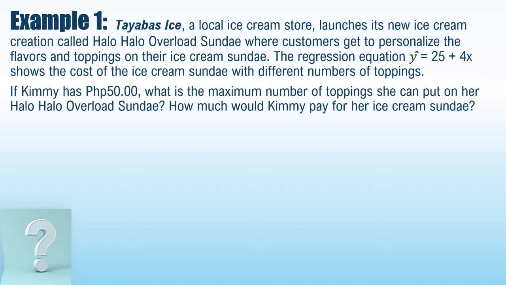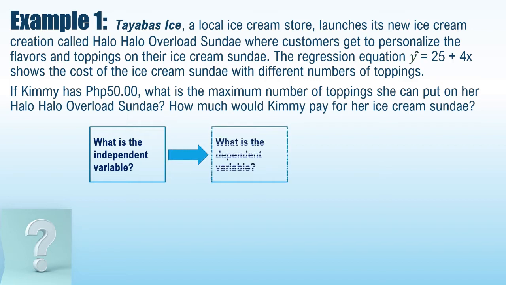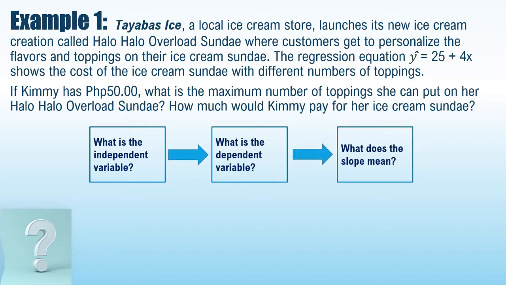To guide us in this illustration, we will be using a flow chart. We will start with this question: what is the independent variable? And then, what is the dependent variable? After that, we have the question: what does the slope mean?